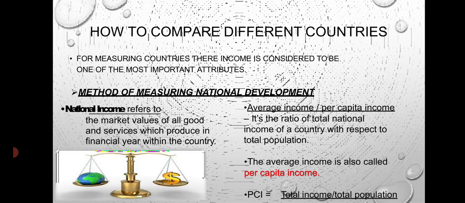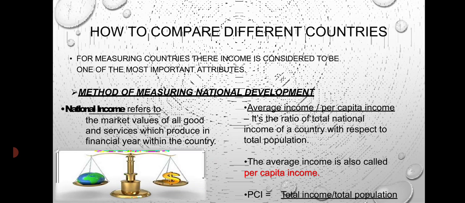It is a very easy way to remember the financial year. It starts from 1st April and ends at 31st March. आपका स्कूल का सेशन कब स्टार्ट होता है? अप्रैल में, first week of April. So that is the best way. आपका स्कूल का सेशन स्टार्ट होता है अप्रैल में, और एंड होता है मार्च में. So that is your financial year, because on 31st March all the accounting books are closed. So आपको financial year भी पता चल गया.